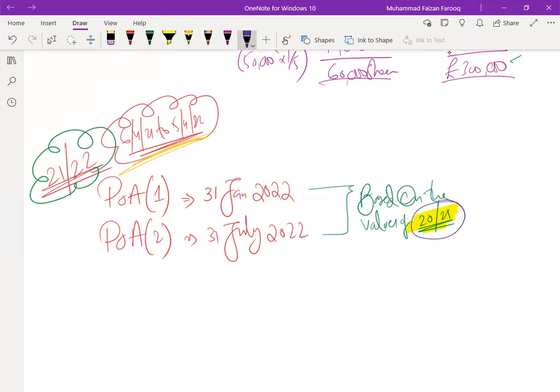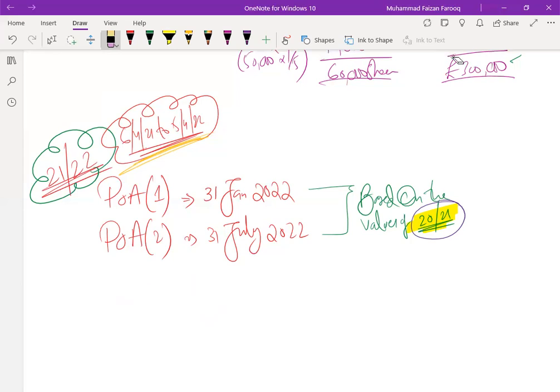And the formula to calculate this POA is as follows. The formula is total tax liability.